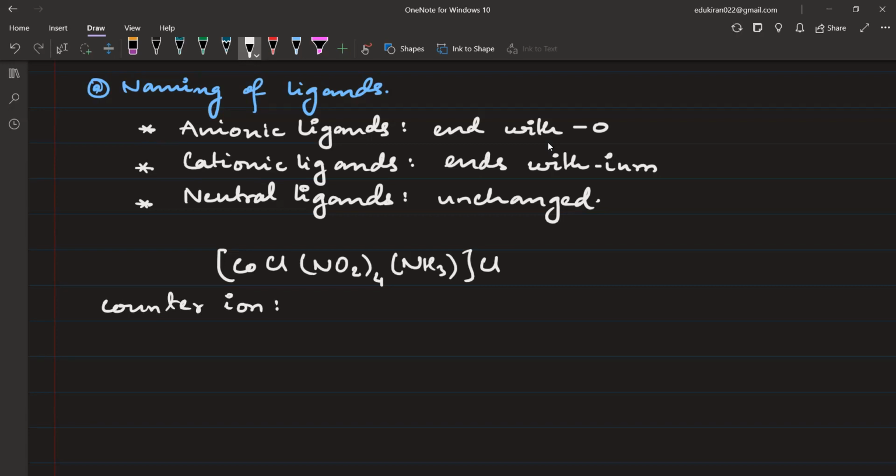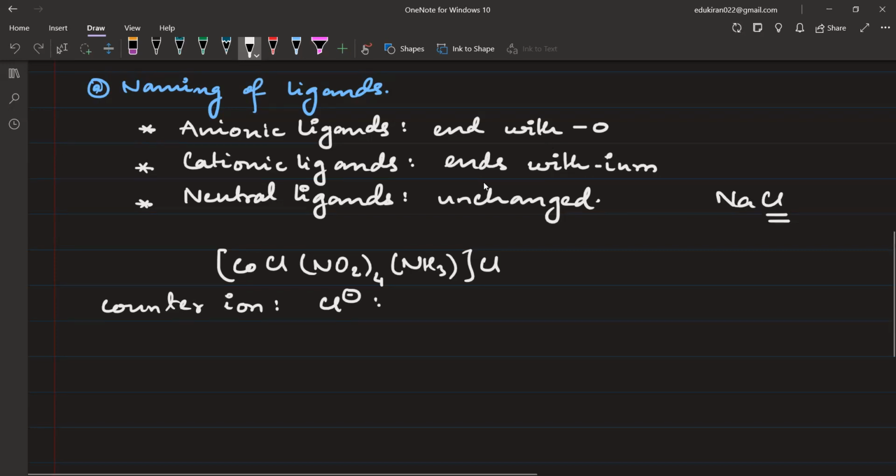What is the counter ion here? Cl. Cl कैसा होता है? Cl नेगेटिव होता है. तो इसको Cl नेगेटिव को कैसे लिखते हैं बताइए? How will you write? You will write as it is ना. कैसे लिखते हैं? अगर आपके पास NaCl होता तो इस Cl को आप कैसे लिखते? Tell me.